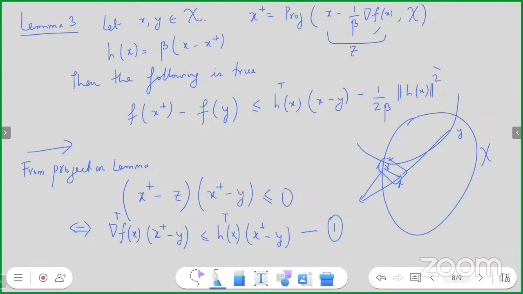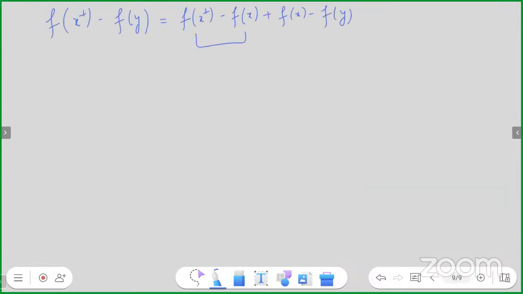For the first two terms, I'm going to apply that lemma to get less than or equal to gradient f of x times x plus minus x, plus beta over 2 times x plus minus x whole squared. Just purely applying that lemma.